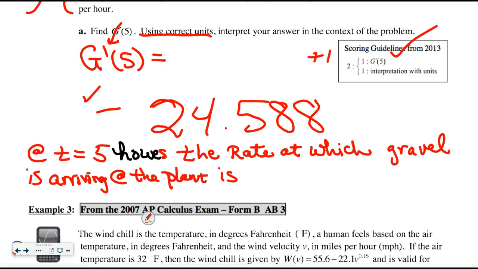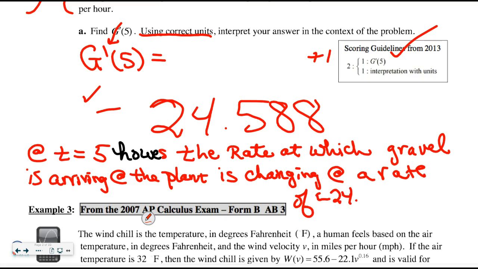If you use the word decreasing, then don't put a negative. So what did I suggest you use instead? Changing. Thank you, guys. Plant is changing at a rate of negative 24.588. Now watch the label.